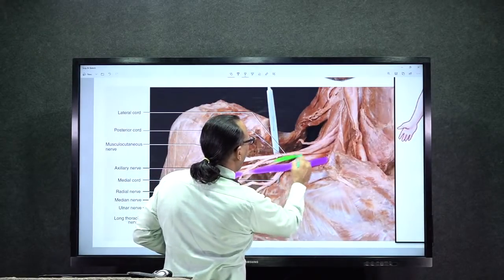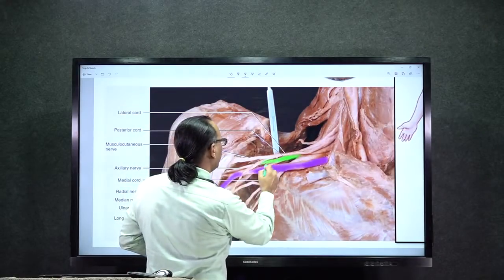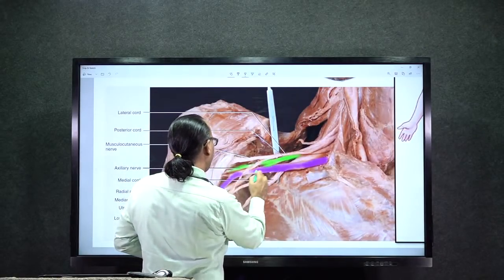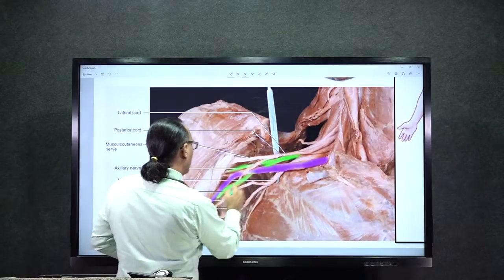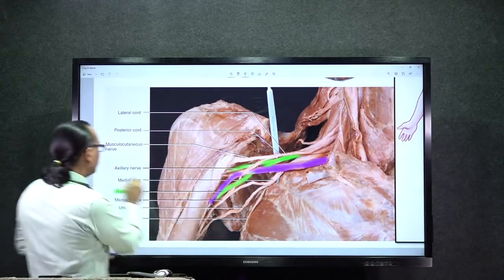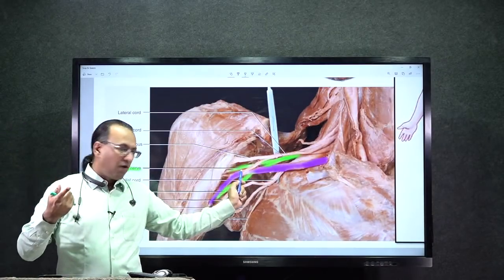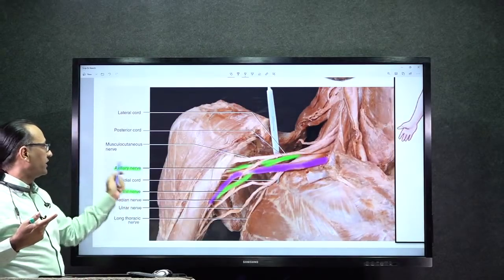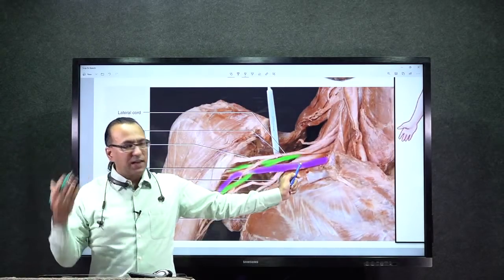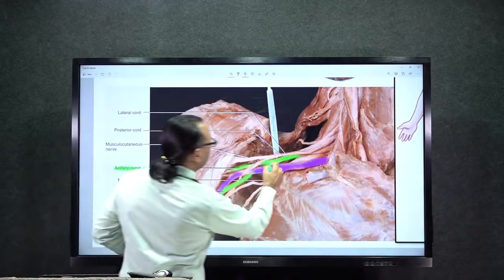This is the posterior cord of the brachial plexus in the axilla, giving some branches. One branch is called the radial nerve, and the other is called the axillary nerve. So be it the axillary nerve or radial nerve, they come from the posterior cord of the brachial plexus, which will lie posterior to the subclavian artery. Now this is the posterior cord.